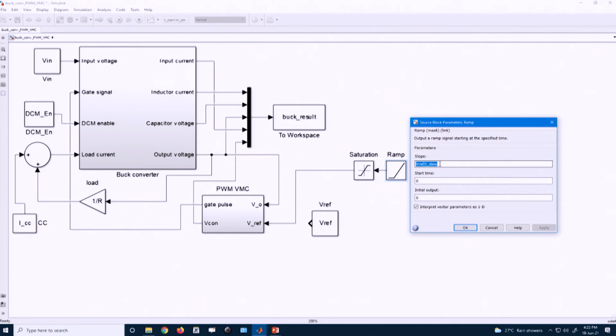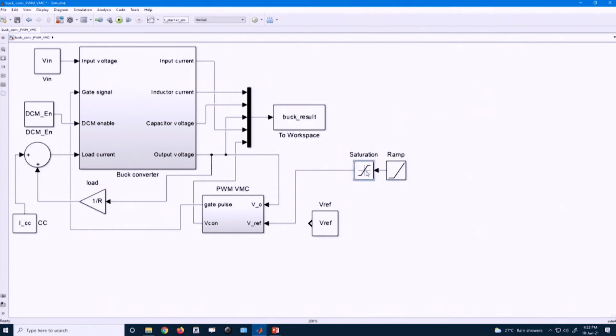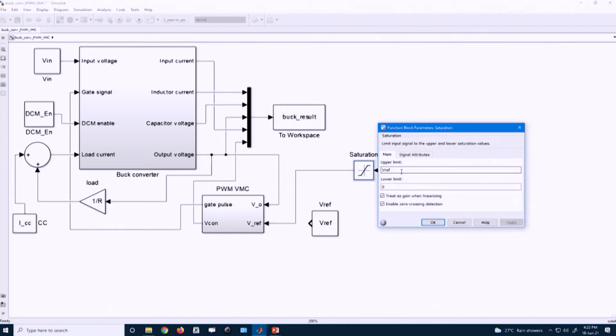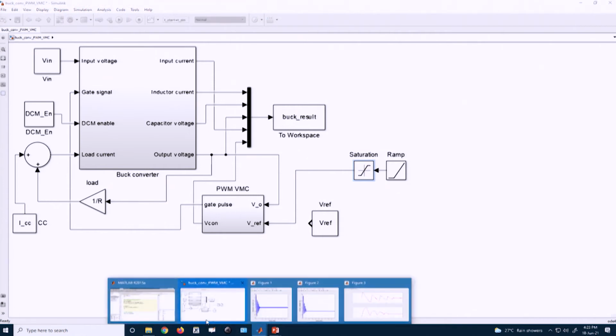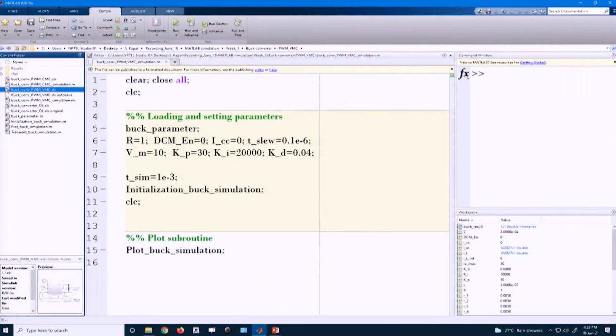So, Vref by T slew, but it will keep on increasing. We have to stop when the voltage reaches Vref, and that is why we put a saturation block. The upper limit is Vref; it cannot exceed Vref. Now we want to rerun this simulation and check what happens if we incorporate these changes.